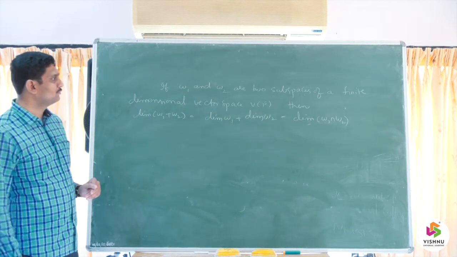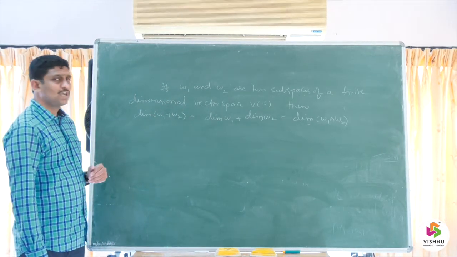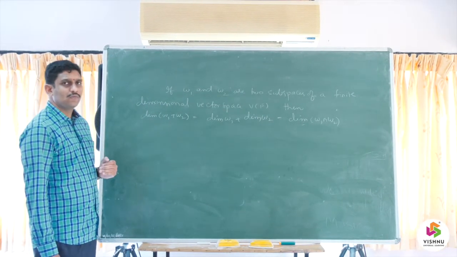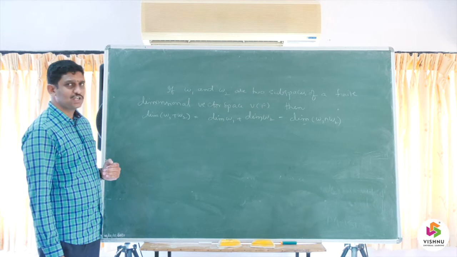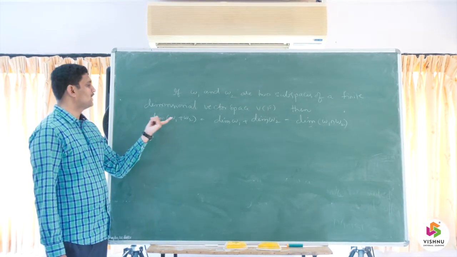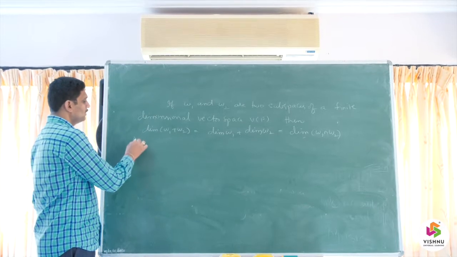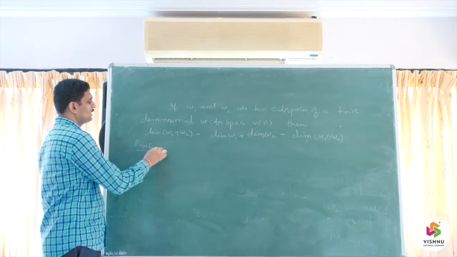This was the thing, right? So dimension W1 plus dimension W2 minus dimension of W1 intersection W2, which is nothing but the value of dimension of W1 plus W2. So let us prove this theorem.